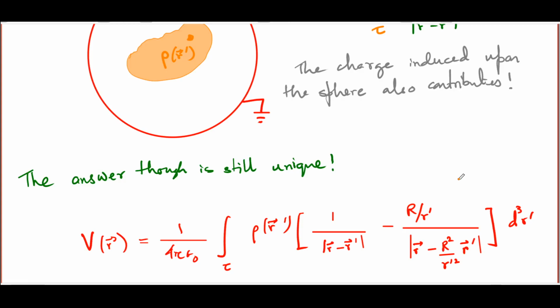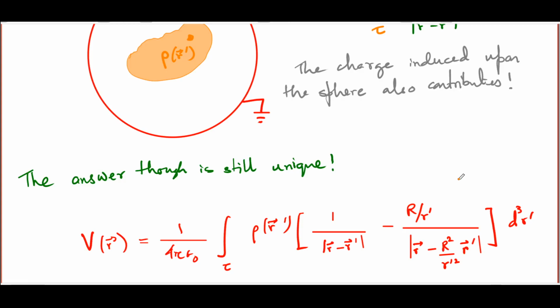In this solution, the 1 by mod of r minus r prime has been replaced by a more complicated function: 1 by mod of r minus r prime, minus capital R by r prime divided by mod of r minus r square by r prime square, capital R prime, and this whole thing is then integrated over r prime.